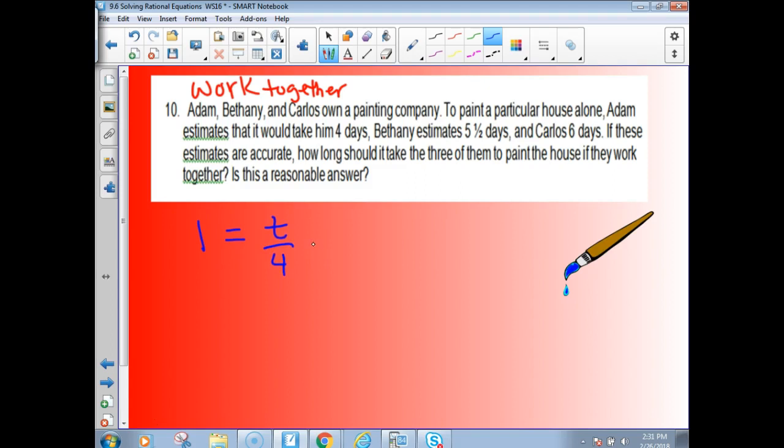If Bethany takes 5.5 days alone, then she's going to take 1/5.5 of the time that it takes for them to work together. So she's going to be time over 5.5. And then Carlos, it took him 6 days, it's being 1/6 of the time.